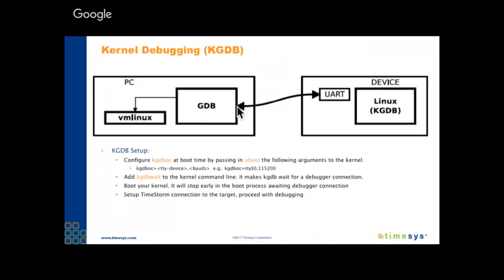The standard connection offered for KGDB happens through a serial port. Yes, it can be slow because we are talking about a 115200 baud rate for most debug sessions, but it's acceptable, I think. I'll leave it up to you, once you play with TimeStorm, to come back to us and say, hey, this is not fast enough, or yeah, this is good enough. But the communication between the host and target happens over serial.